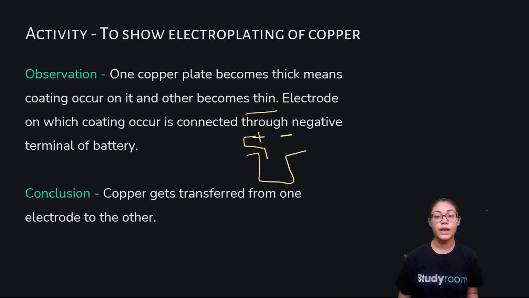The electrode connected to the negative terminal will have the coating. So the metal will get deposited on this particular electrode that is connected to the negative terminal of the battery. So we can conclude that copper gets transferred from one electrode to another. It gets transferred from this electrode to this electrode. That is, it deposits itself over here.